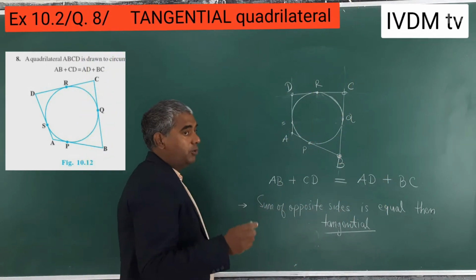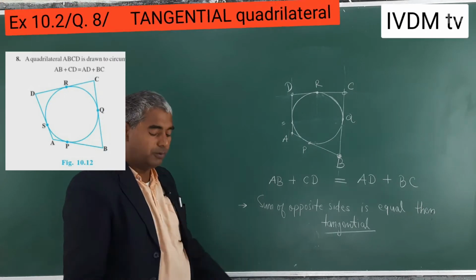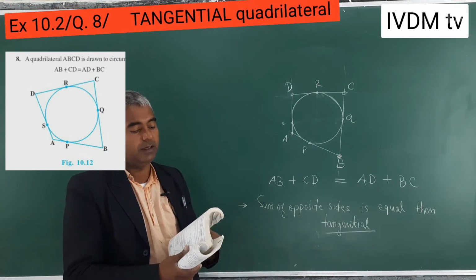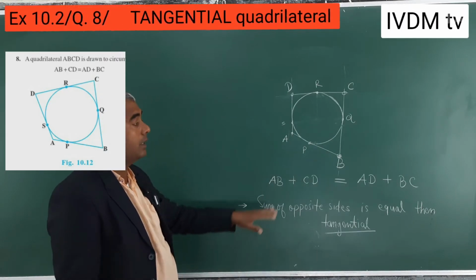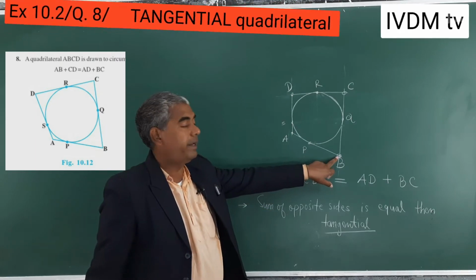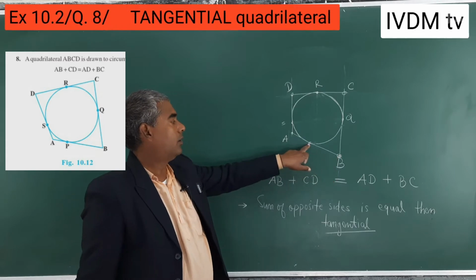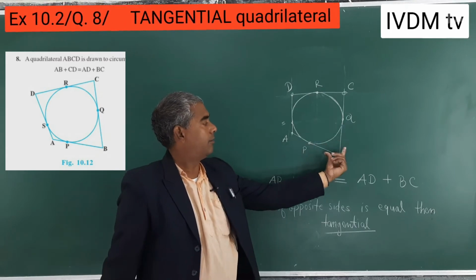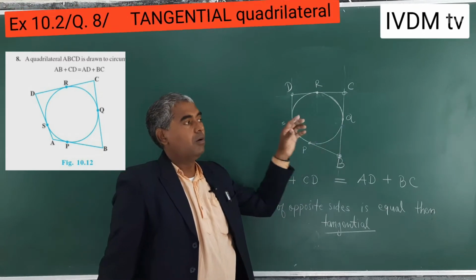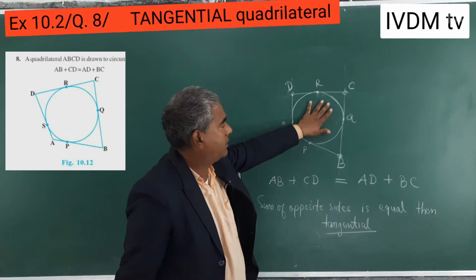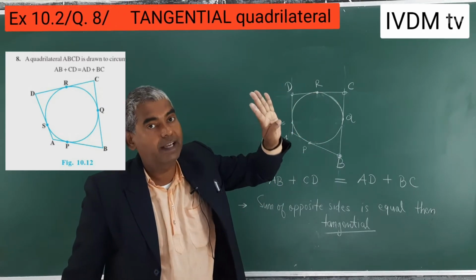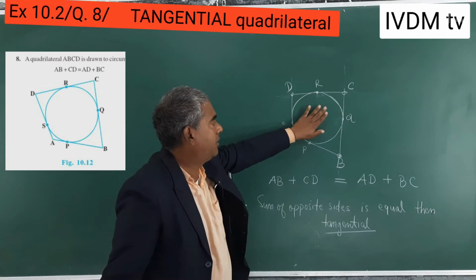Now theorem 10.2. What is theorem 10.2? Theorem 10.2: the lengths of tangents drawn from an external point to a circle are equal. Length of tangent. So this is a circle and you have 4 external points with respect to this circle.